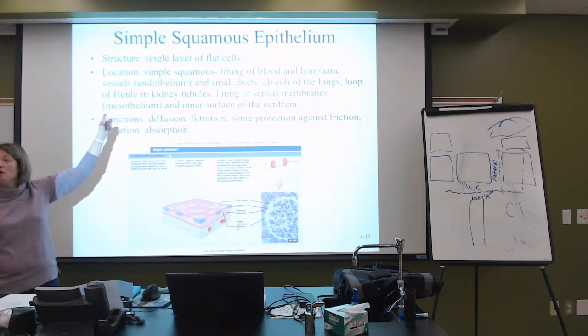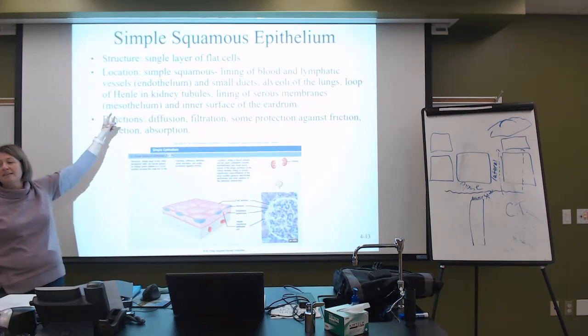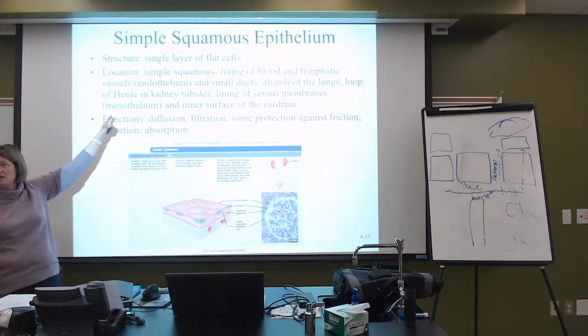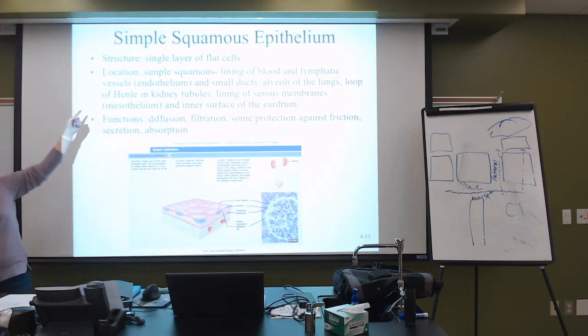In the alveoli of the lungs, because one of the things that this simple squamous structure is very good for is diffusion of gases, where I need oxygen and CO2 to move. The loop of Henle and the kidney tubes, which you'll get into in part 2. If the kidneys are for getting rid of waste, this structure is great for that.